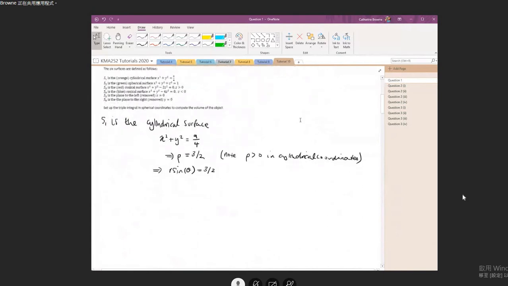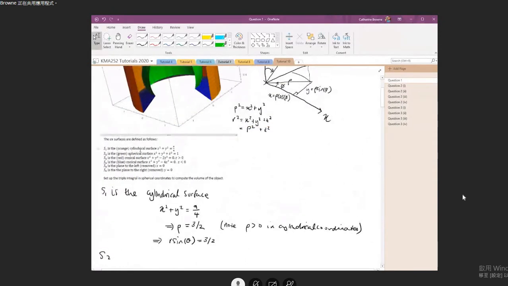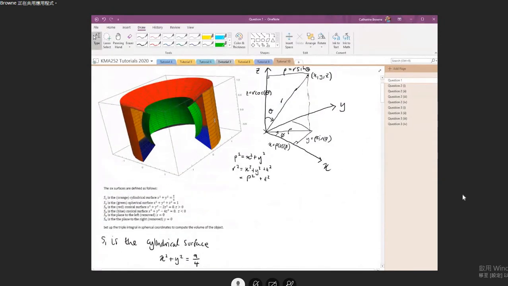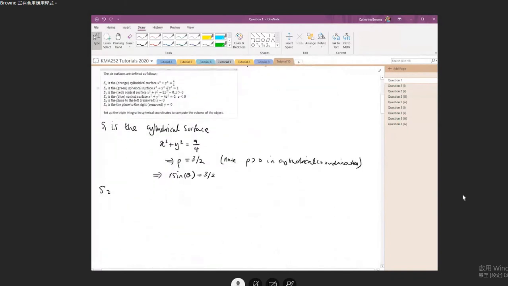And then I'm going to look at this second surface, and in my case that's this green spherical surface here, and it's given by x squared plus y squared plus z squared equals 1. So it's just a sphere with radius 1.